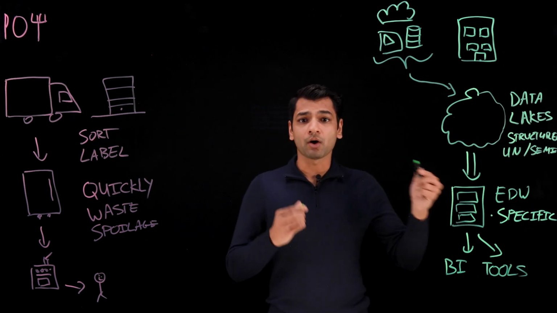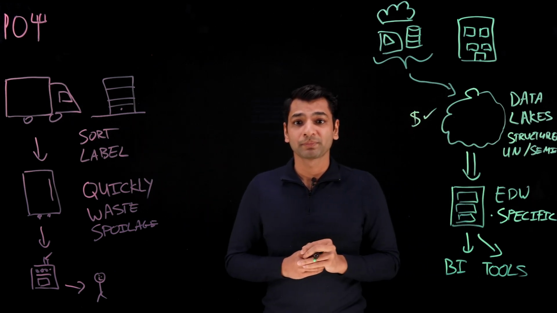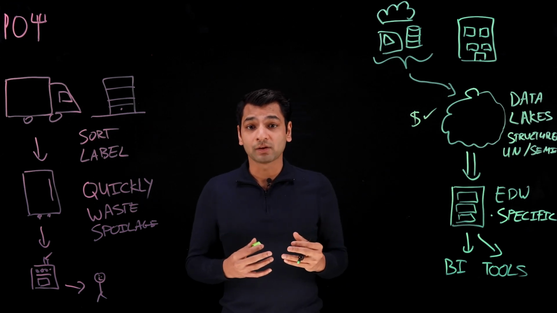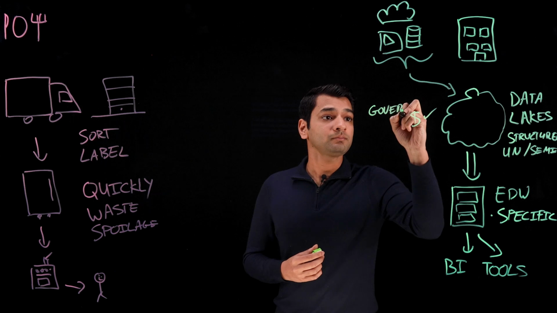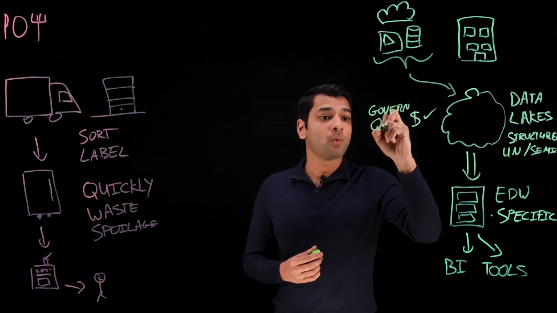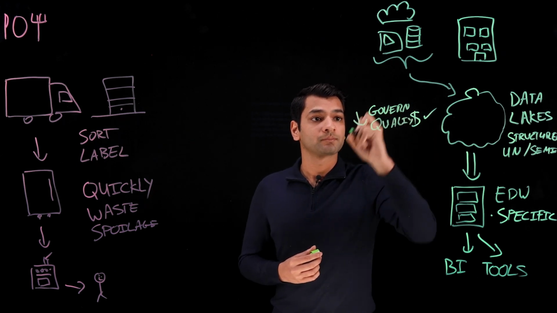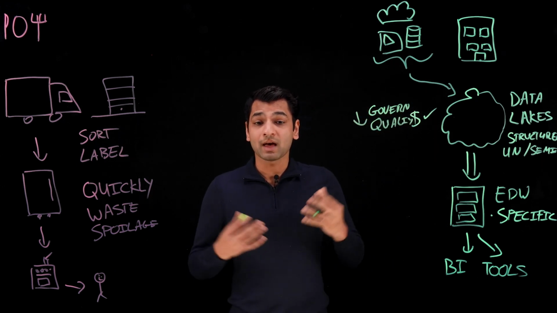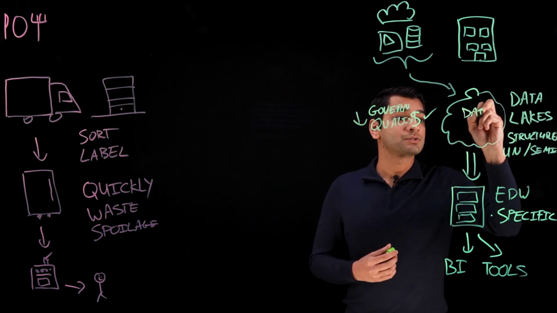data lakes are really awesome to capture tons of data in a cost-effective way, but we run into challenges with data governance and data quality, right? And a lot of times, these data lakes can become data swamps.